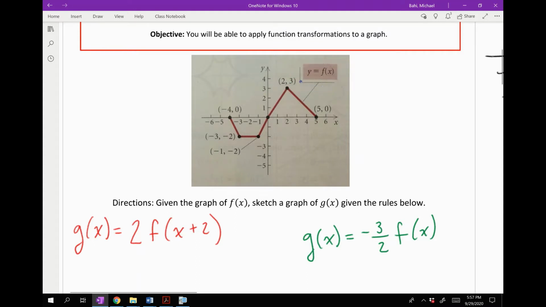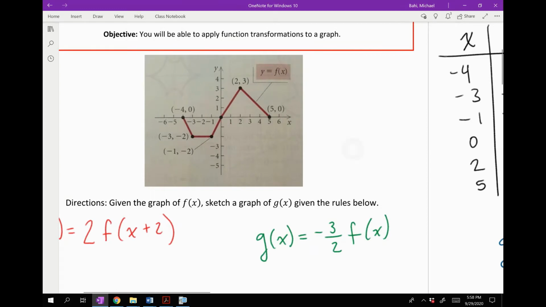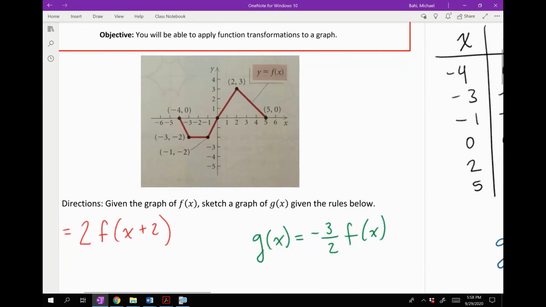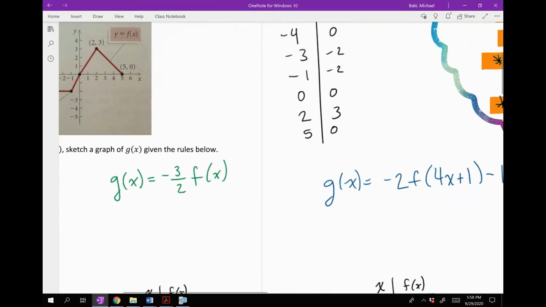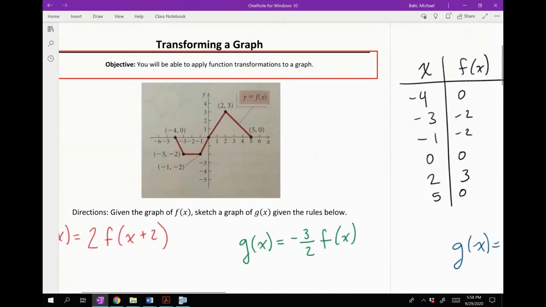With these types of problems, they'll give you a graph. In this case, it's this random thing of segments combined together, and we're going to have to apply these transformations. And over here on the right there's another one. We will get to that one last.